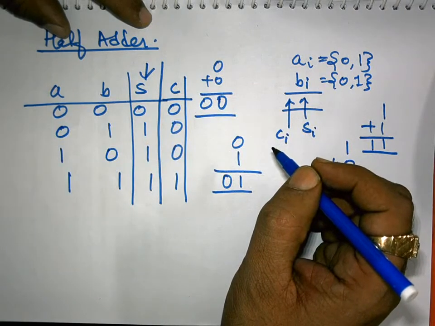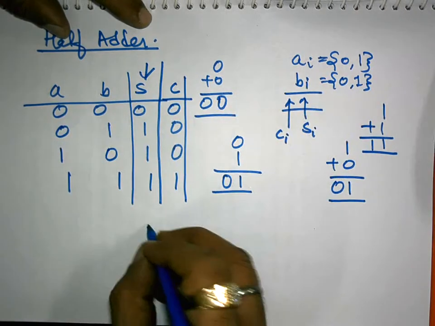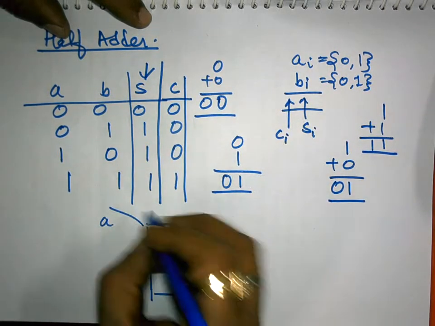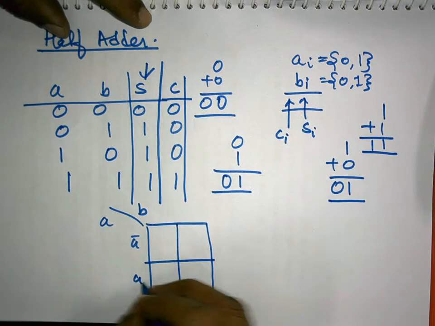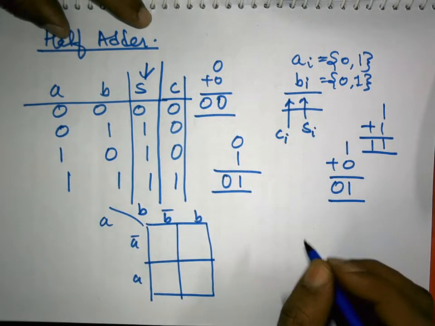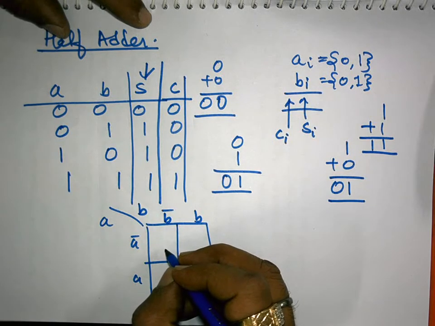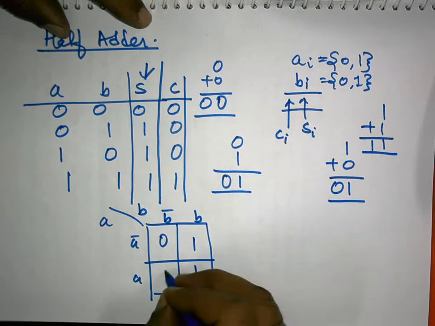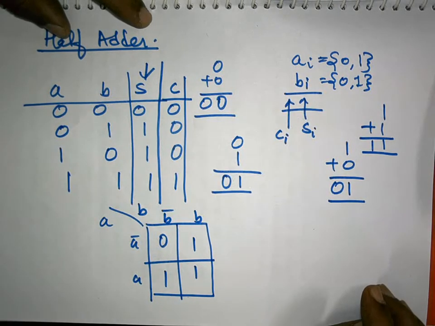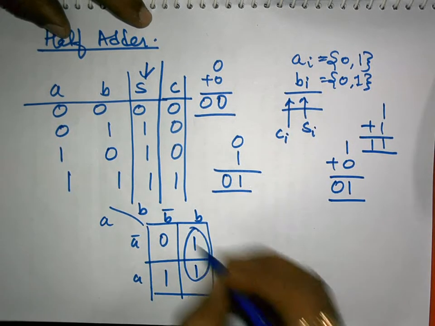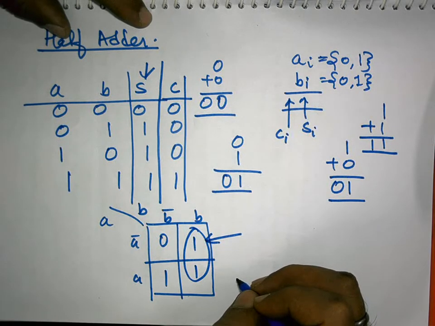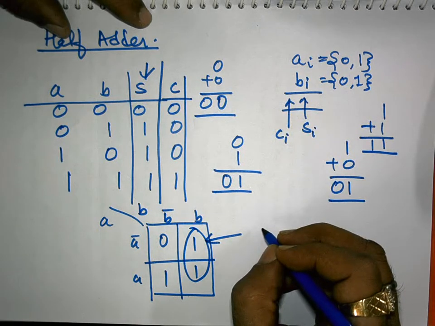So, let us design the circuit for some output. We will make a K map for it. So, how is that K map made? This is a two variable map. Take A this side and B this side. Naturally, A bar and A, and B bar and B. Where there are 1s: in the A bar B bar cell it is 0, and in the other cells there are 1s. Then what is the way to make the groups? This is one of the groups. What is coming out of this group?